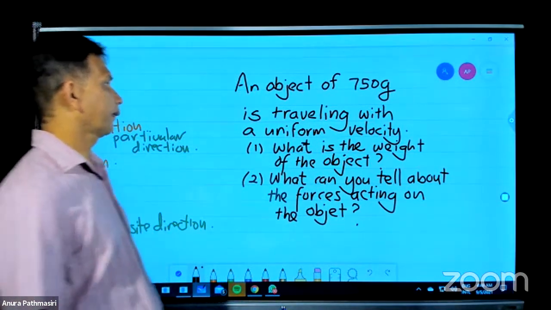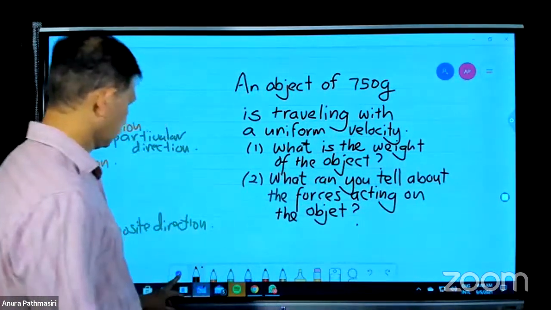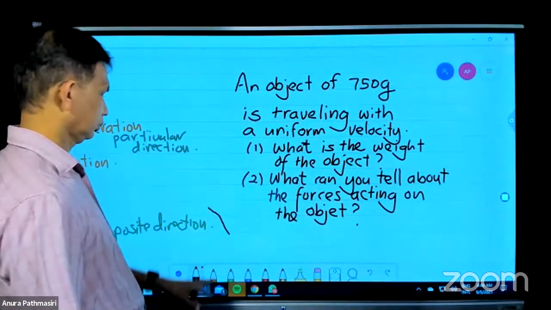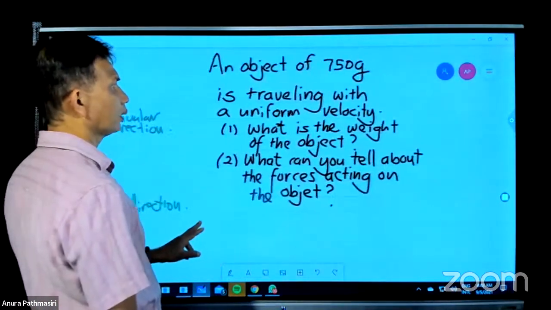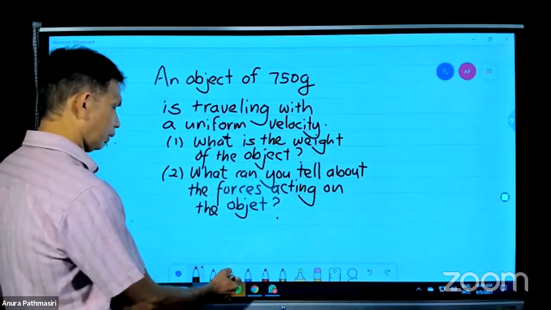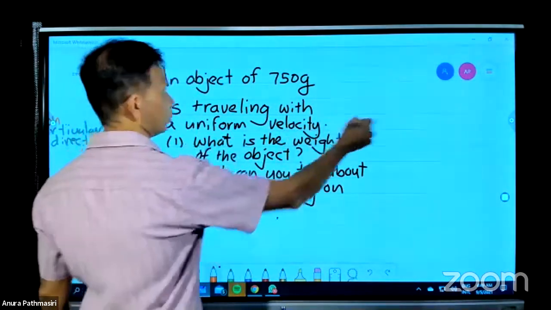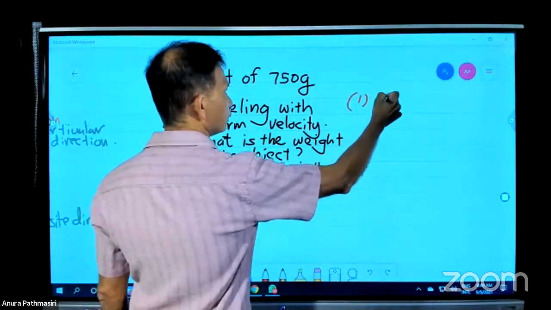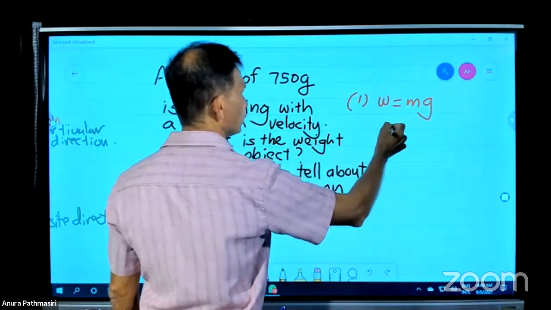The first one. What is the weight of the object? The weight of the object is W equals mg.